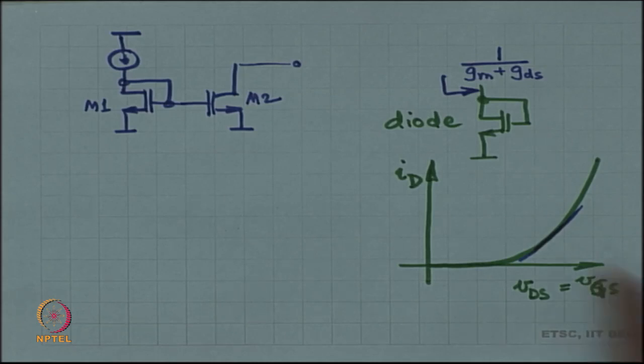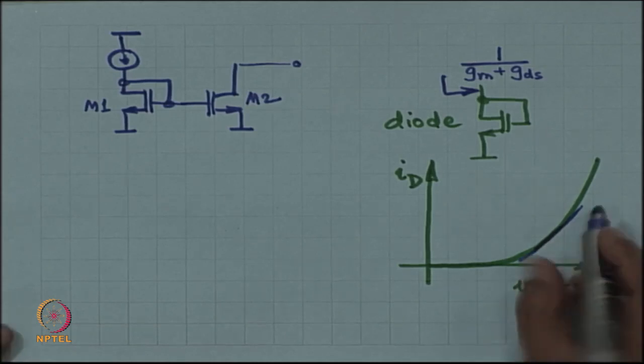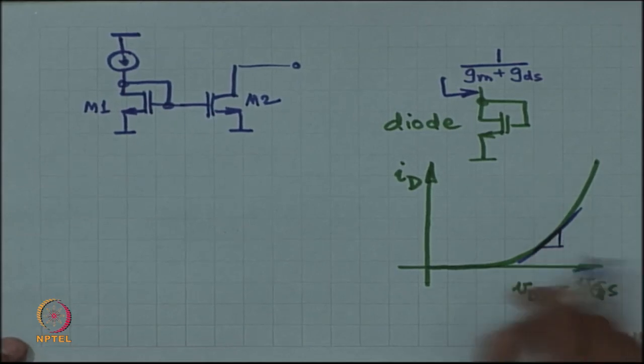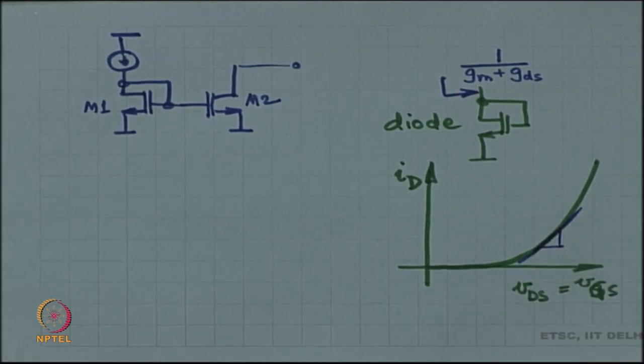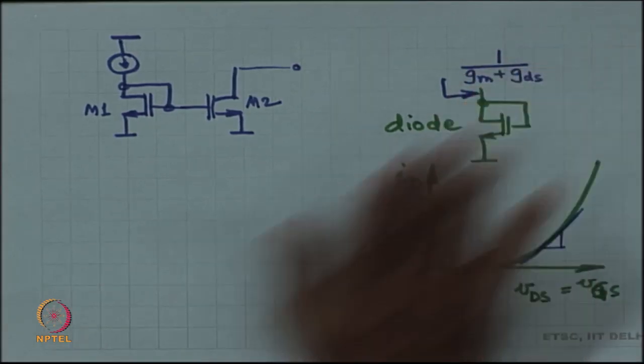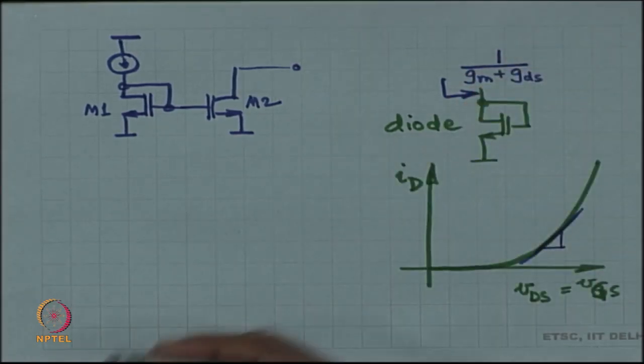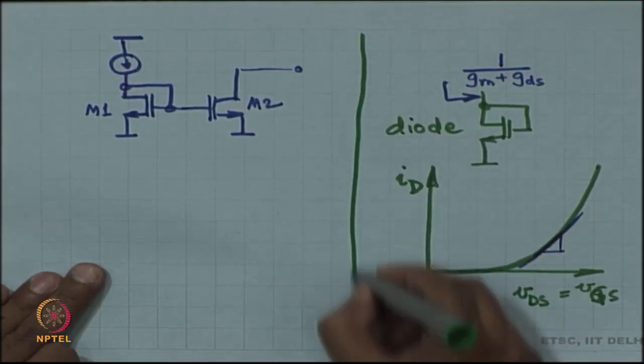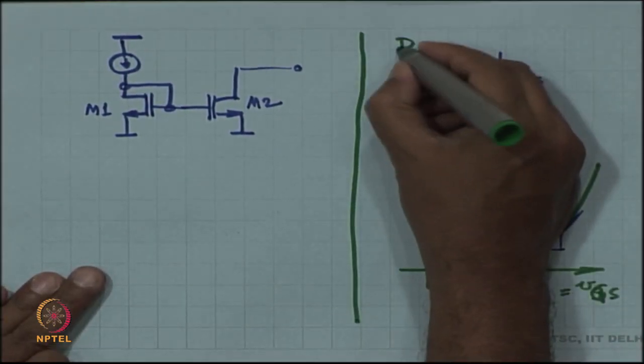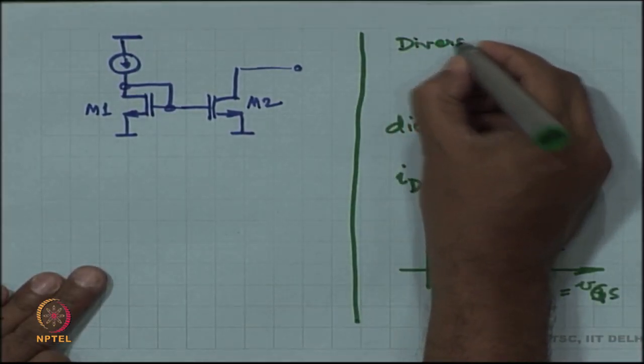GDS is just a small addition on top of GM. So, this analysis is more or less correct. The slope of this curve is GM, GDS is a small addition on top of it. All right. So, this is a side note, this is just for future. Diversion.